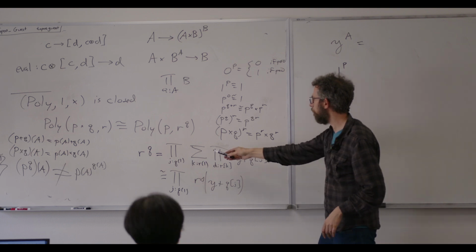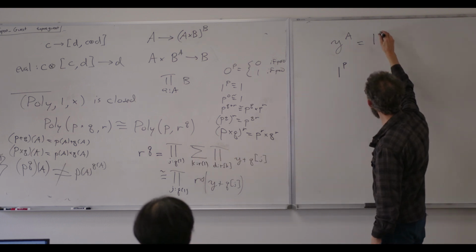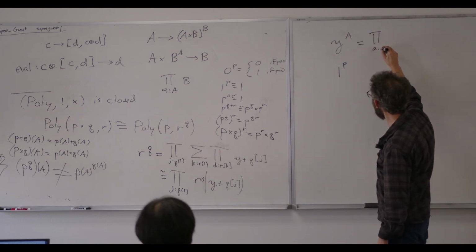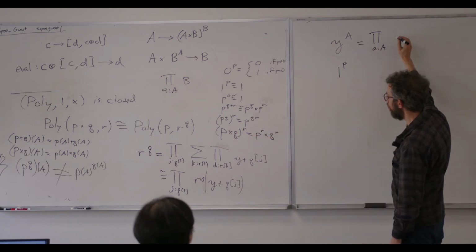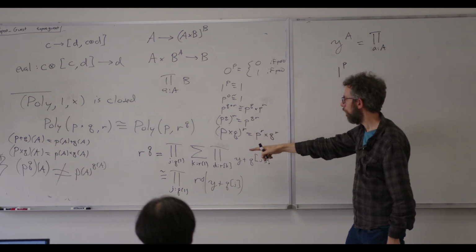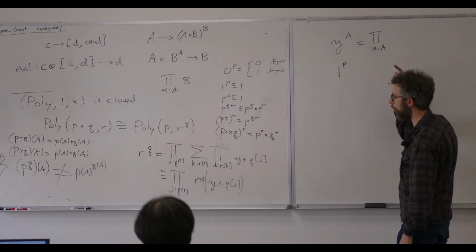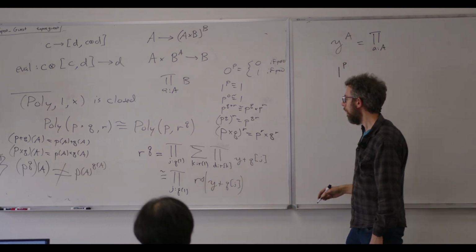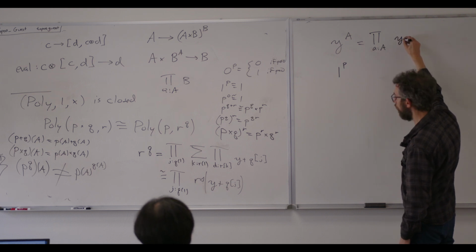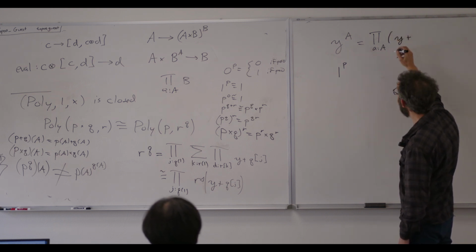But this says it's the product over all a in a, because a is q, of the sum over all positions of y, well there's one of those, the direction, and then directions of y, and then y plus q.